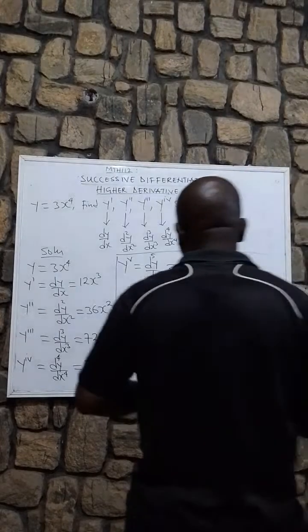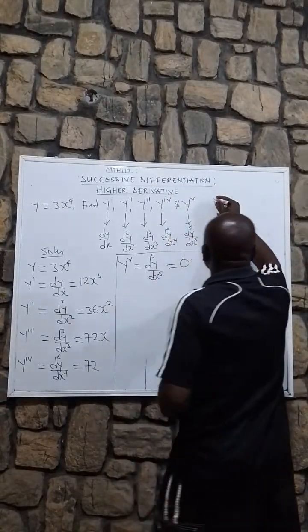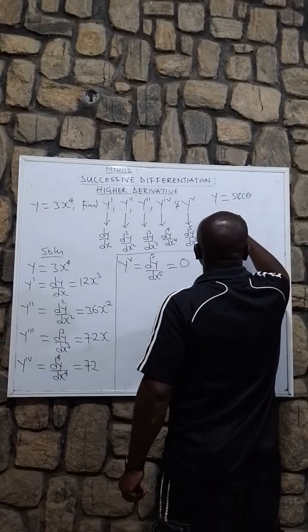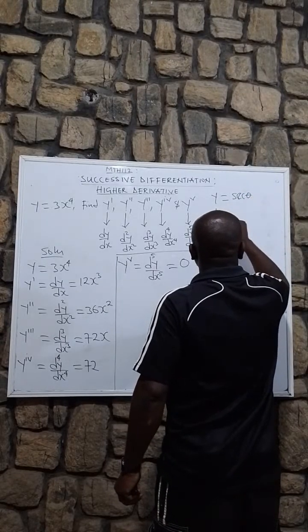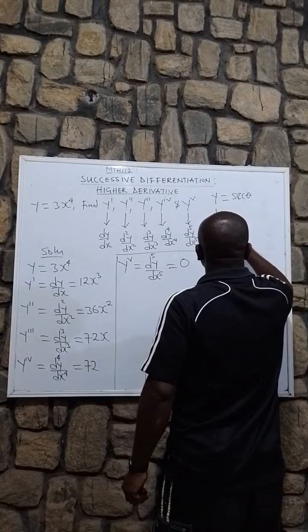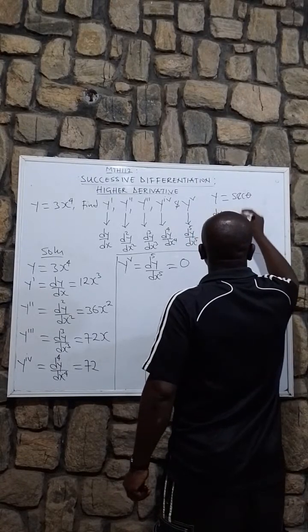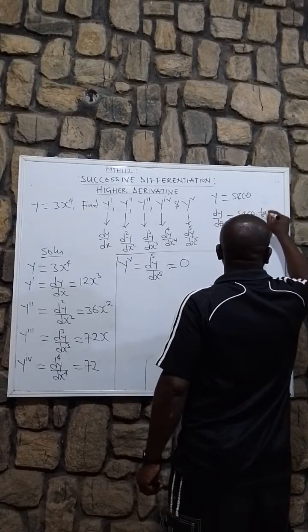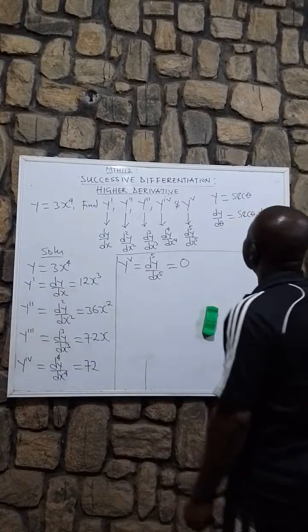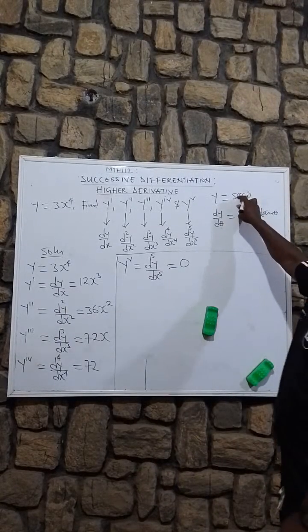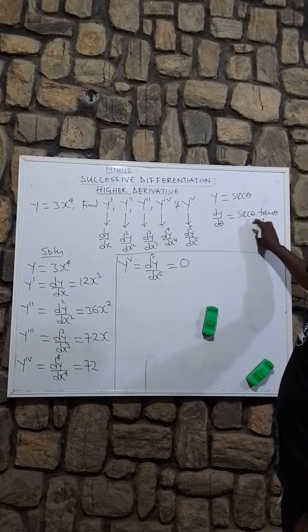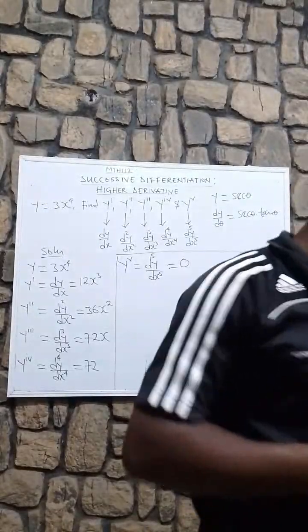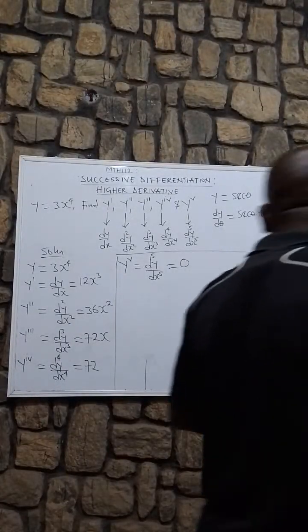Before we solve this problem, I want us to know that if you are to differentiate sec theta, your dy over d theta will always be sec theta times tan theta. So whenever you differentiate sec theta, it will always give you sec theta times tan theta. Please take note. Are you following? Is that clear?